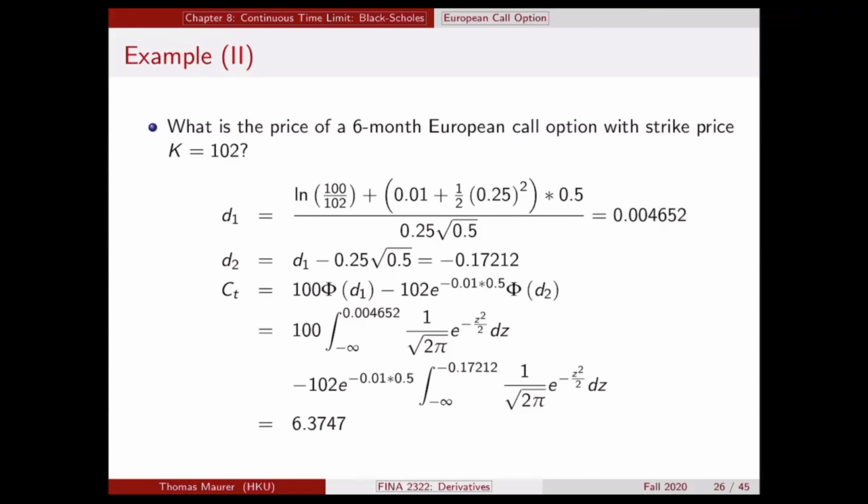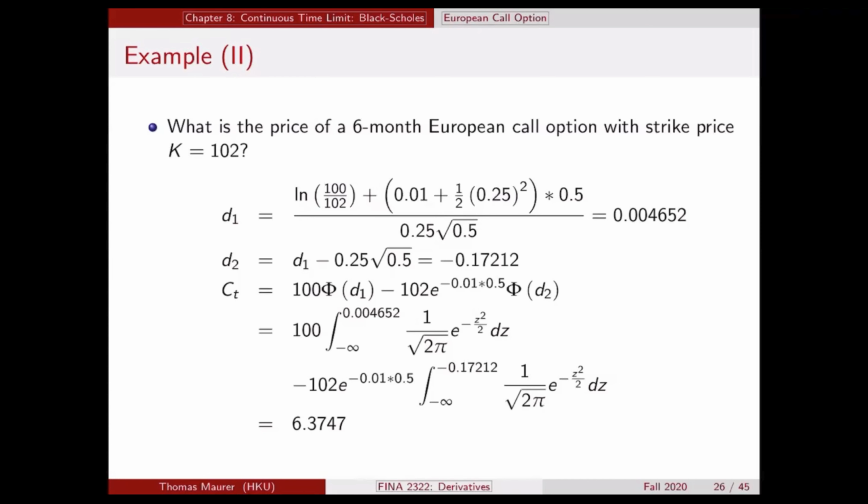And so that thing together tells you what you expect, how far are you going to be in or out of the money. And then we divide this thing by the standard deviation of the underlying asset return, which is this 25% times the square root of that half a year.